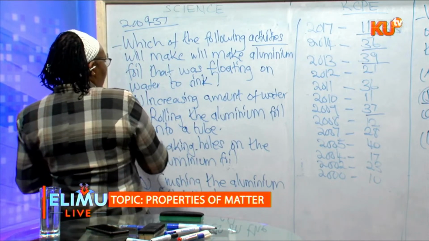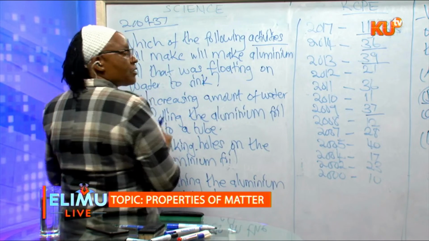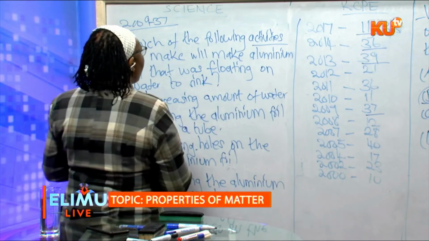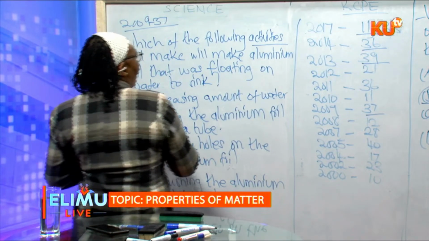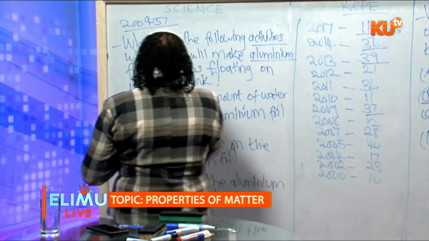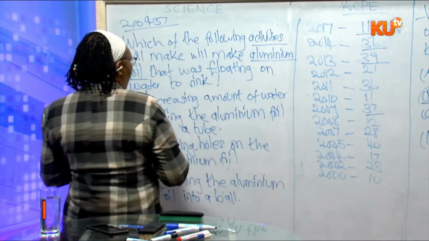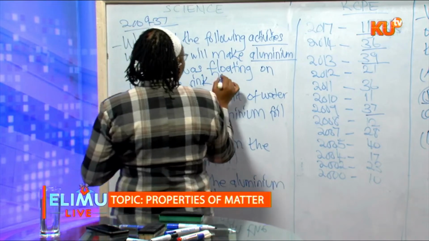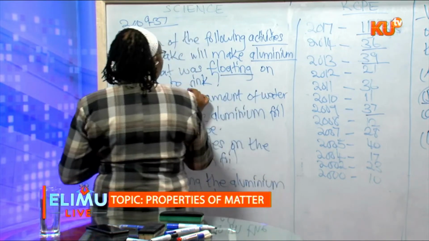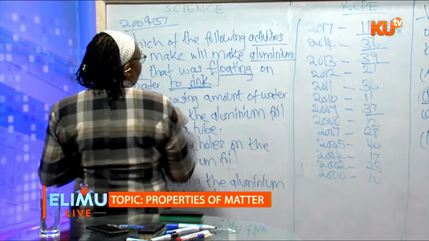So before you look at the choices, read the question carefully and note the keywords. Like, this is an aluminium foil, and it was floating and you want it to sink.